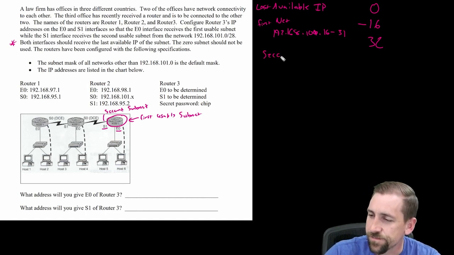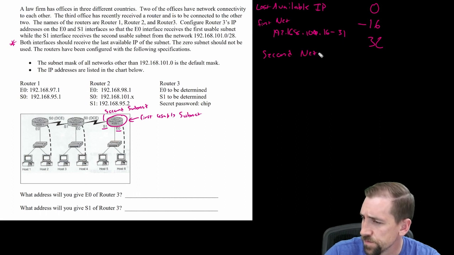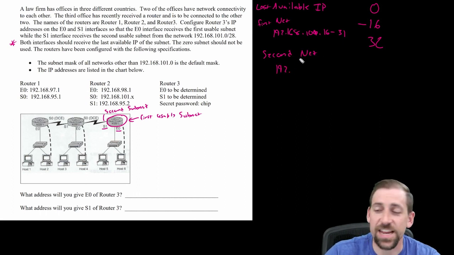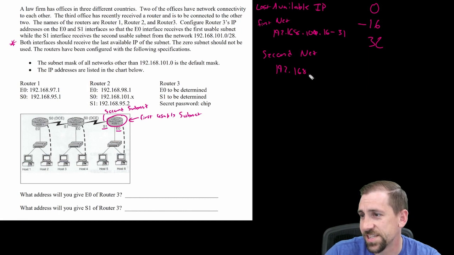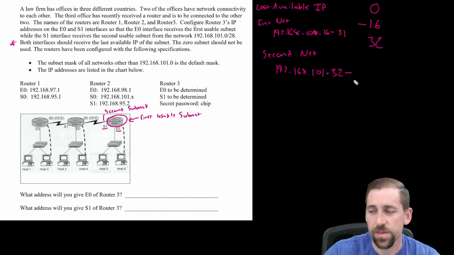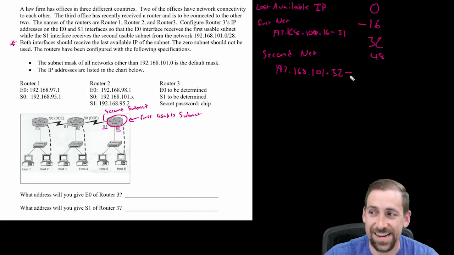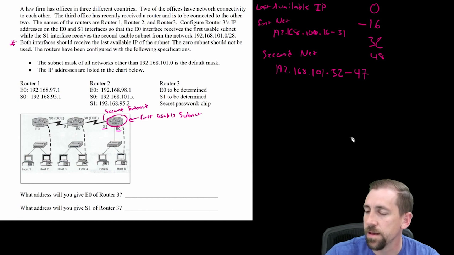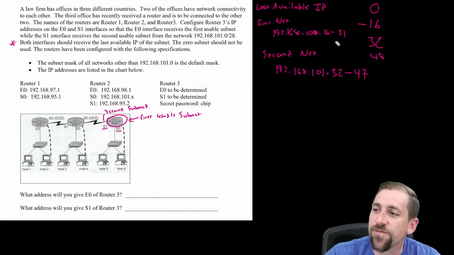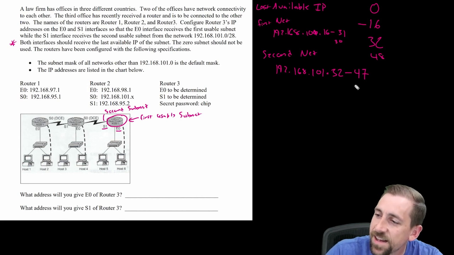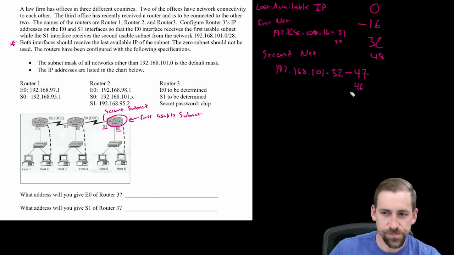The second network, second usable, I should say, is 192.168.101.32 through 48. Actually, 48 is the next network, through 47. And so we said 31 and 47 are not usable. So the addresses that I'm looking for are the .30 address and the .46 address.